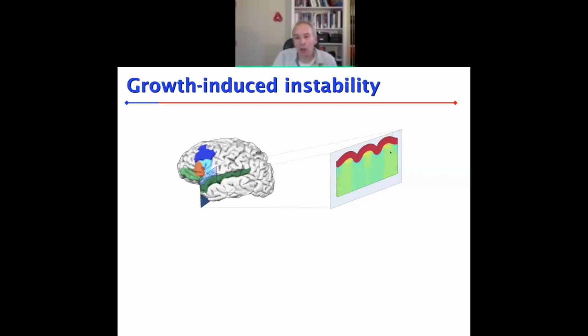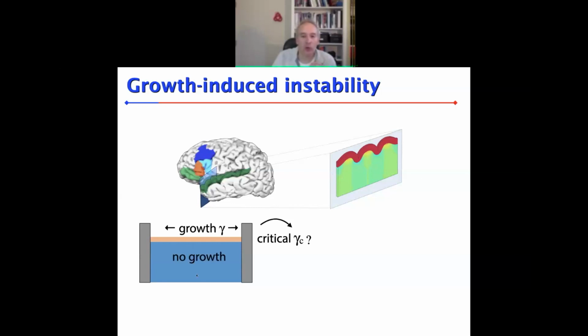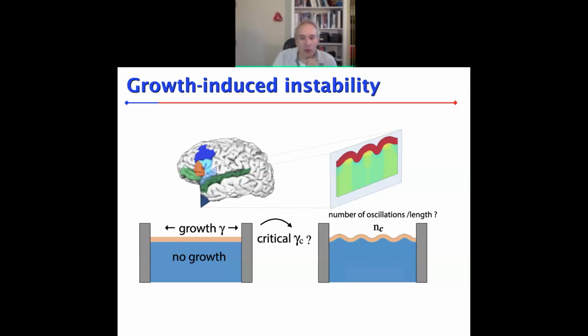Now, the model, or the accepted model, not accepted by all, because in neuroscience nothing is ever accepted. But from a mechanical perspective, what we think happens is that the cortex grows faster than the substrate, the white matter that's underneath. And the two being together, there is a critical value of the cortex growth that will change the property to an instability that would lead to an oscillation.